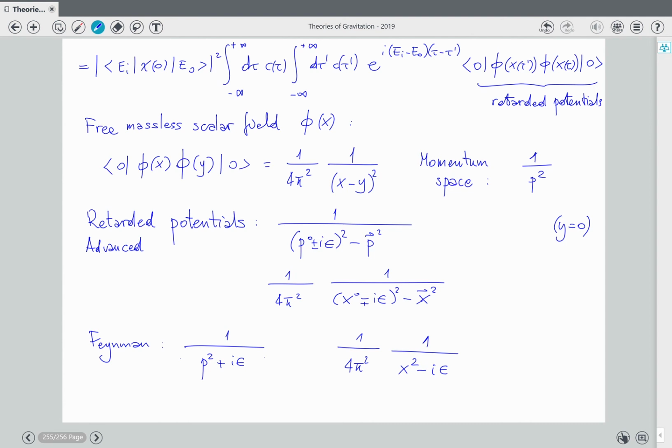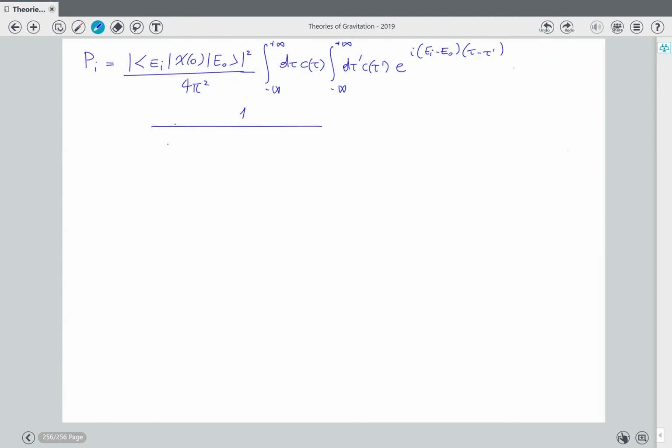But now the role of x is x of tau prime, and x of tau is the role of y. So you have x0 of tau prime minus x0 of tau minus i epsilon squared minus the space part, x of tau prime minus x of tau, squared.